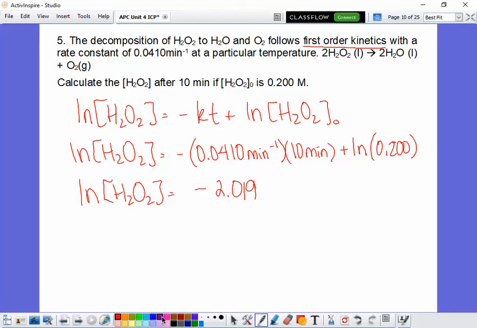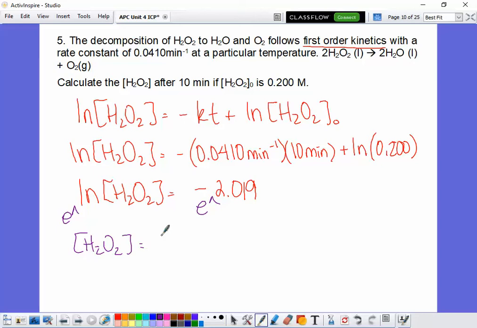All right. So now how are we going to get rid of that natural log? E both sides. Remember, opposite function of natural log is e to the x. All right, so you're going to do e of both sides, and that will give me the concentration of H2O2 after 10 minutes. So I would have just kept whatever you had here in your calculator and then press e to the answer.